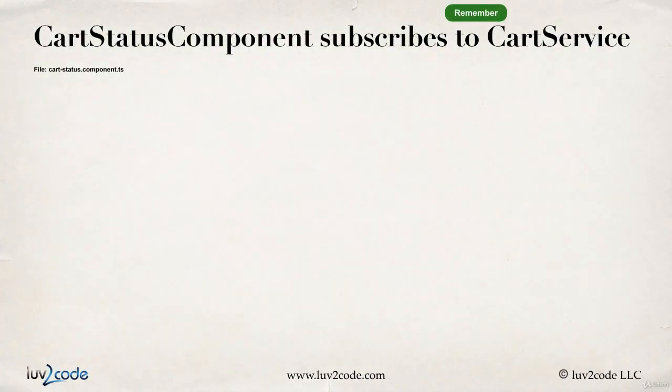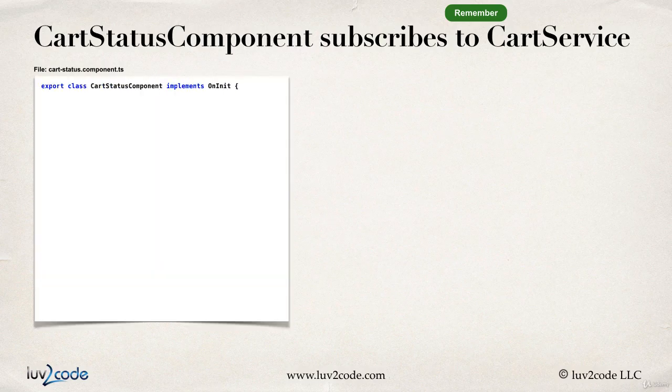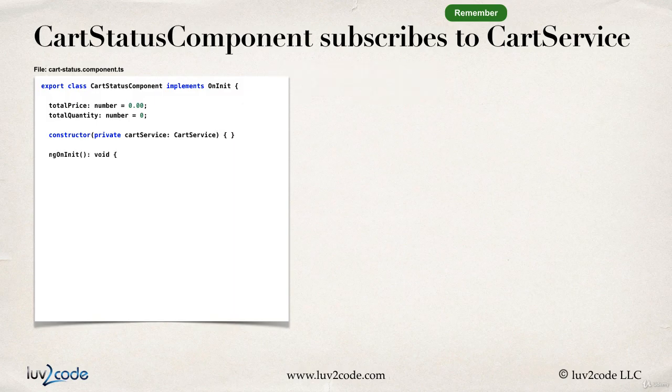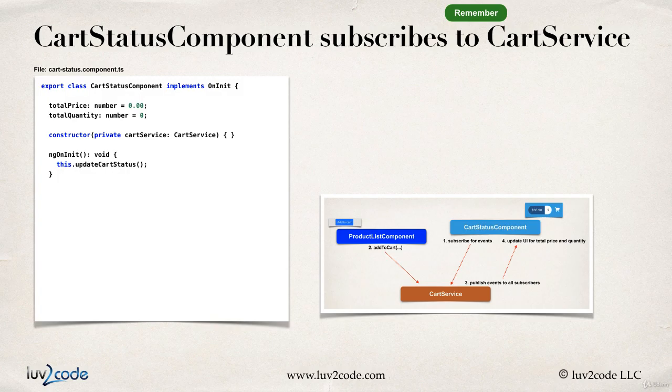And now a bit more on the cart status component to subscribe to the cart service. So in our cart status component, we have this total price, total quantity. We simply inject the cart service into the constructor. We do this updateCartStatus, and then we actually write the code here to subscribe to those events.